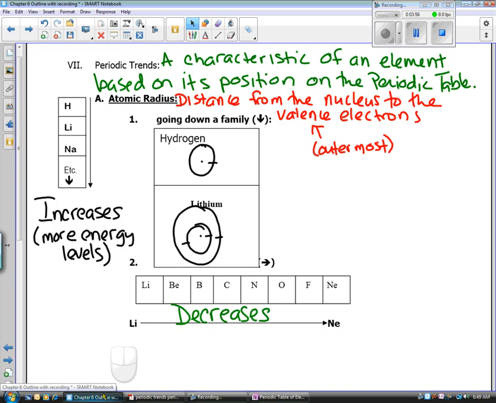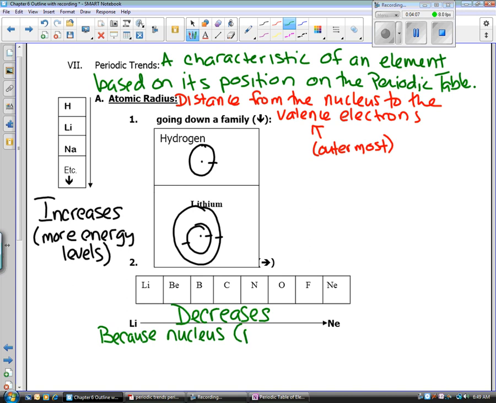So as we go across, it's going to decrease because the protons in the nucleus increase while the energy levels remain constant.